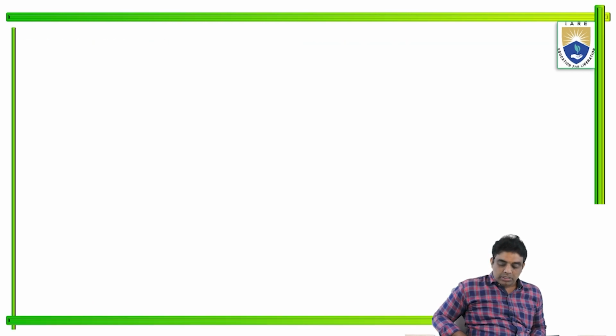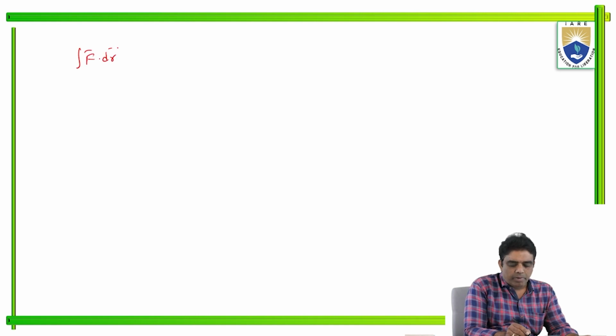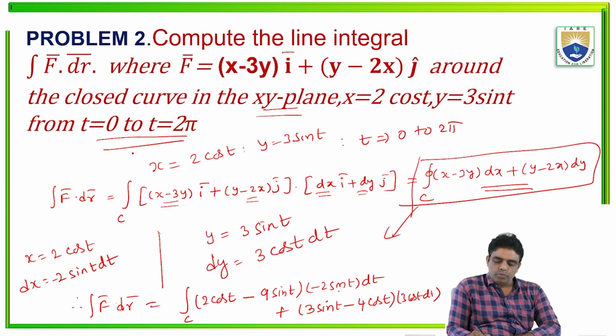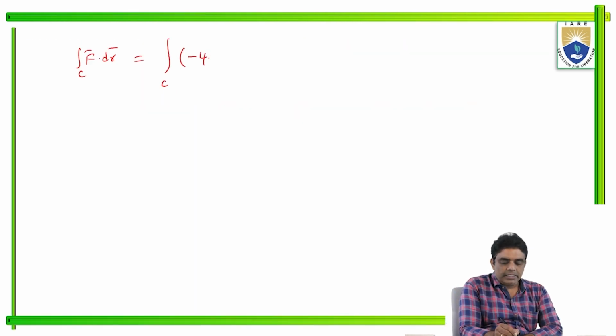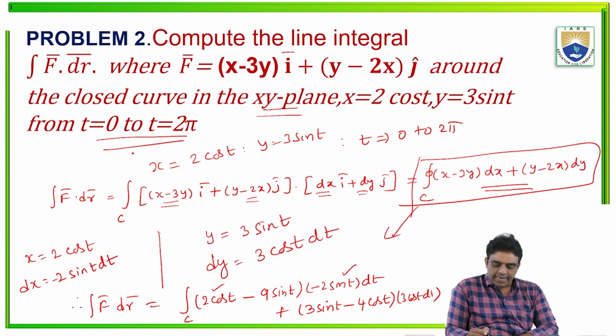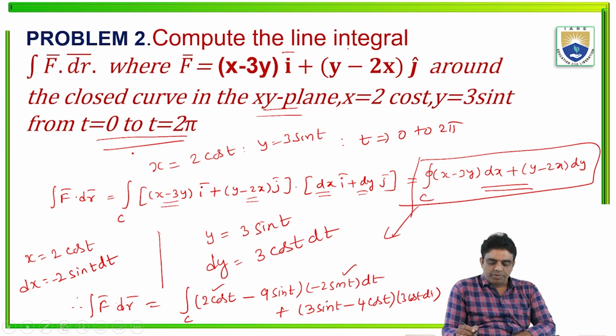So now on simplifying, I will write step by step. This is the integral f bar dot dr bar along the curve C. First term: 2 cos t into minus 2 sin t, so minus 4 sin t cos t. Next, second term: minus minus plus, 9 twos are 18 sin square t. Then dt I will write at last.